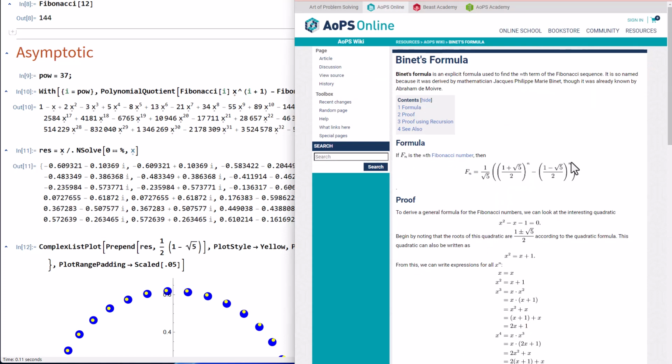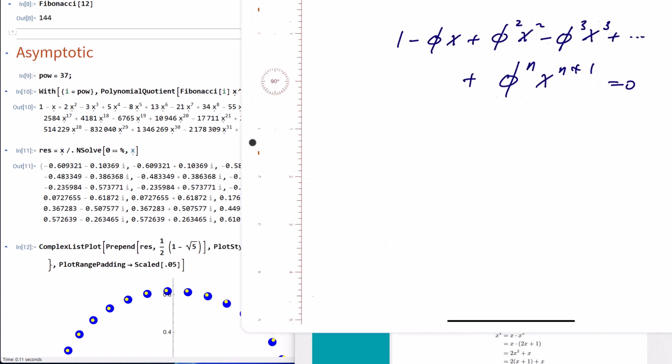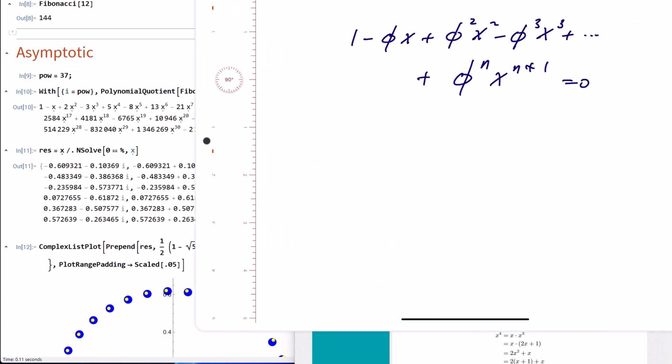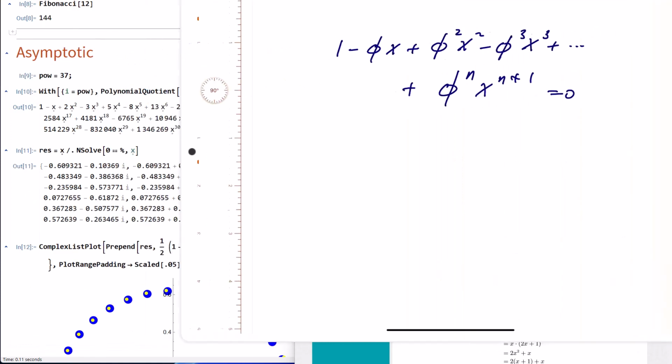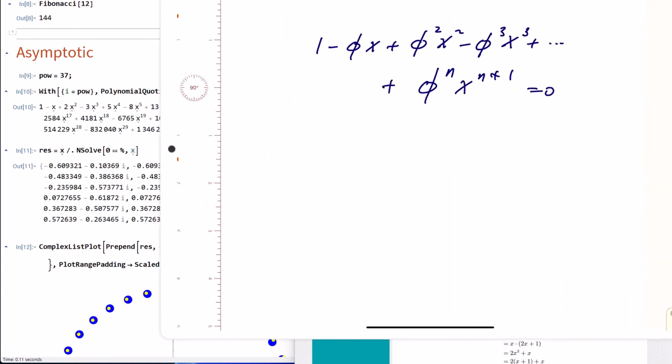And anything less than 1 to a higher power n, as n goes to infinity, goes to 0. So this term will be smaller and smaller. And if we only look at the absolute value, which is only determined by the first term in Binet's formula. Okay, so this is the formula we have.